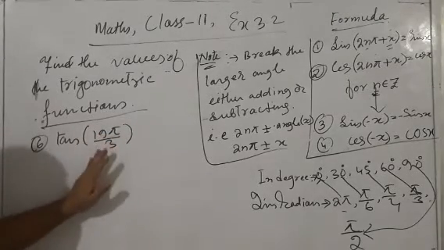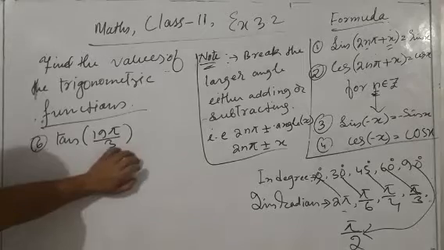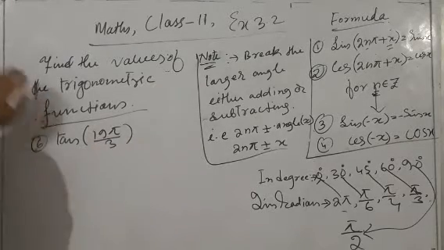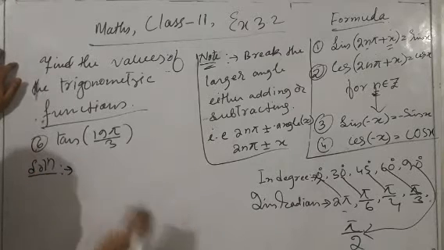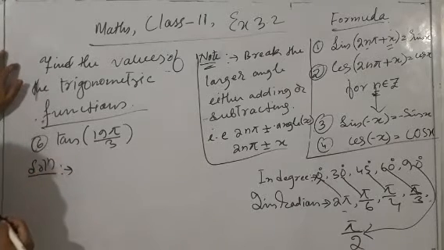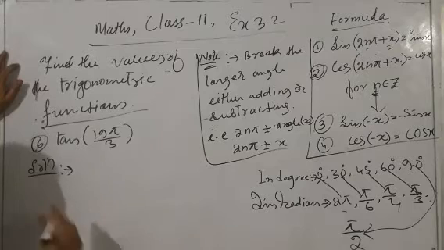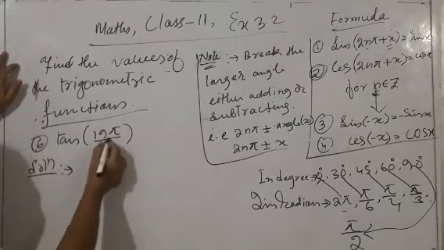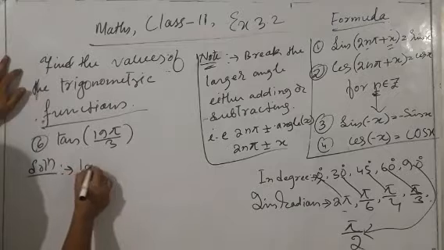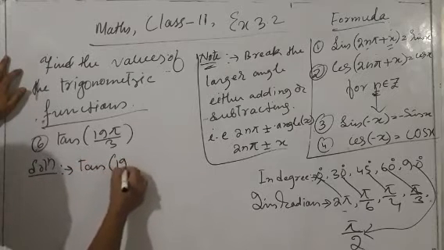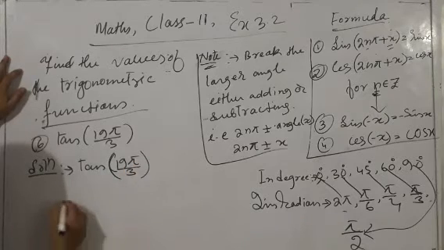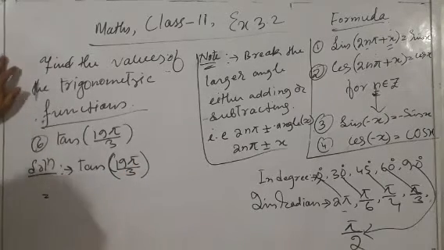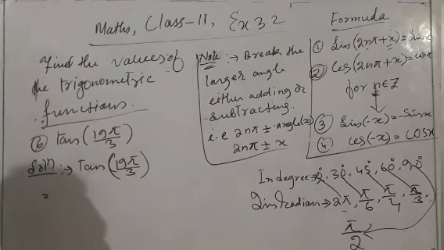It is given in radian. Why radian? Because pi is there, correct? Since it is a larger angle, we have to break it into parts. We can break this 19 pi upon 3 by converting it into a mixed fraction.